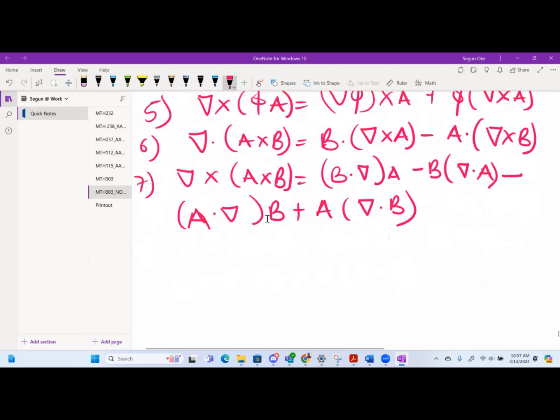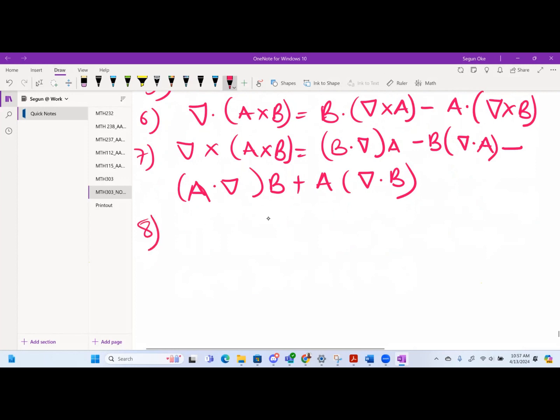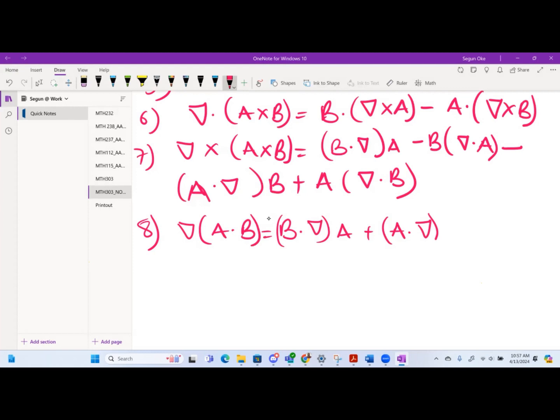So let's take note of that. Number 8, del A dot B is the same thing as B dot del A plus A dot del B plus B cross del cross A plus A cross del cross B. Let's take note of that.